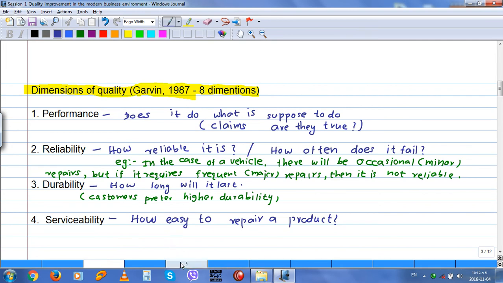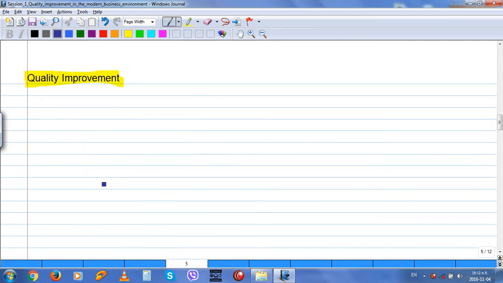Next we can consider quality improvement. As we discussed previously, quality improvement is the reduction of the variability of a process or a specific product.